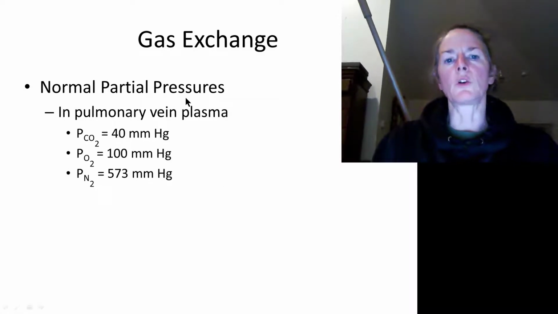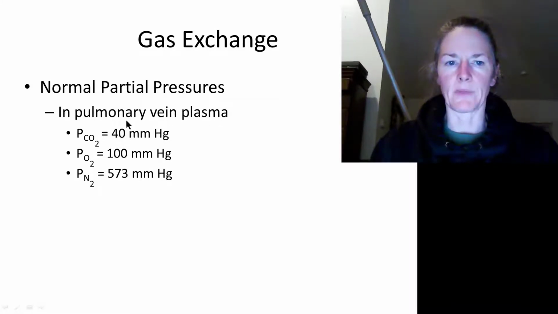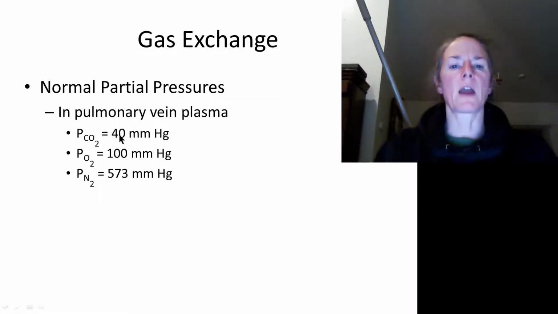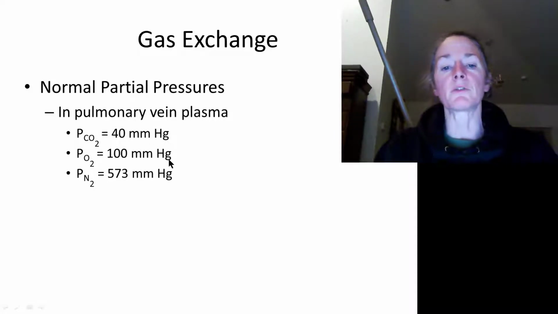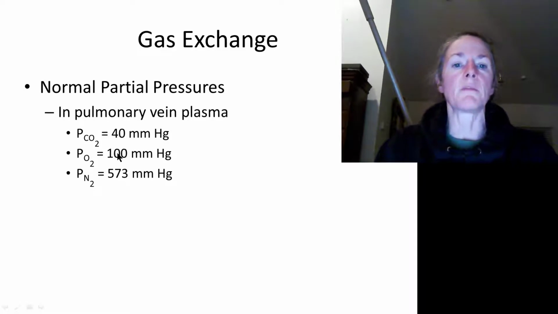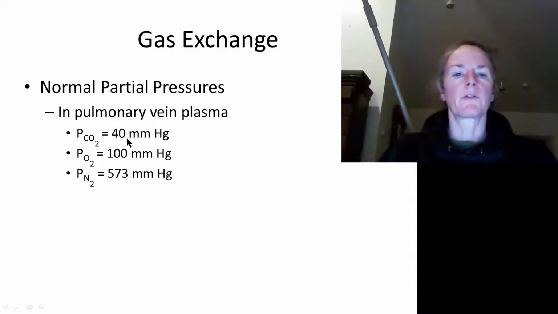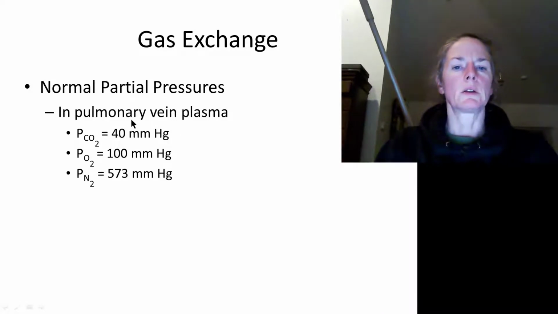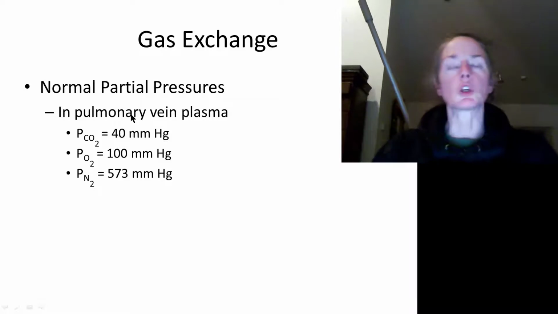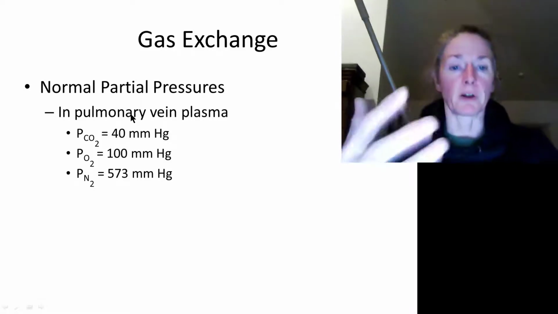All right, so if we look at the partial pressures within pulmonary vein plasma, we find that the partial pressure of carbon dioxide is about 40 millimeters of mercury. Oxygen is about 100 millimeters of mercury, and this is after it's been oxygenated, mind you, because this is in the pulmonary veins, so it's going to have come from the lungs, and it's going to be returning to the heart from the lungs.